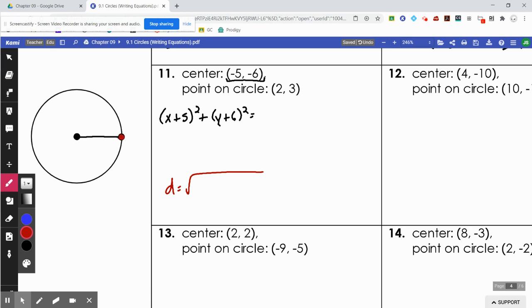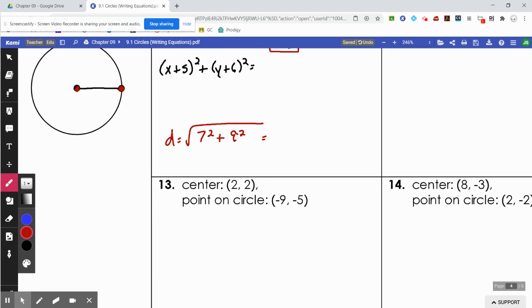The point on the circle and the center, the distance from here to here is the radius. So let's do x2 minus x1. That's going to be 7. y2 minus y1, that's going to be 9. So distance is equal to the square root of 7 squared plus 9 squared, which is 49 plus 81. That's going to be the square root of 130 is the distance.